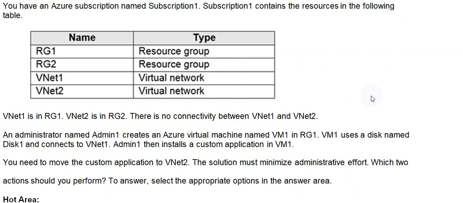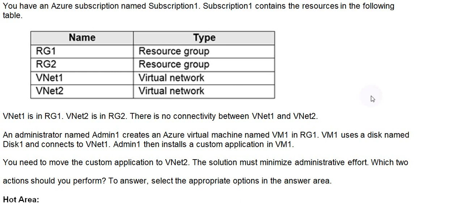An administrator named admin1 creates an Azure virtual machine named VM1 in RG1. VM1 uses a disk named disk1 that connects to VNet1. Admin1 then installs a custom application on VM1. You need to move the custom application to VNet2.